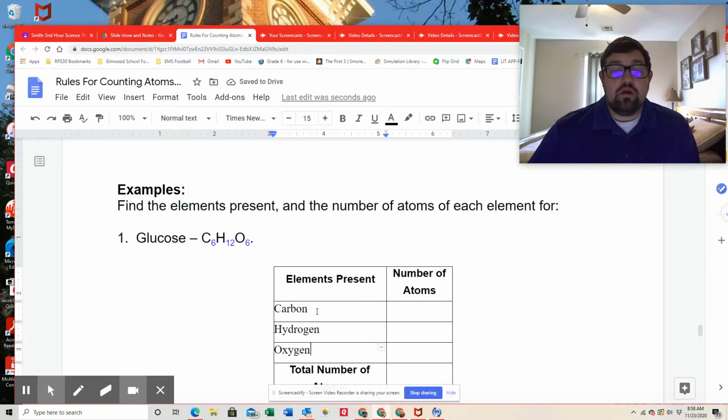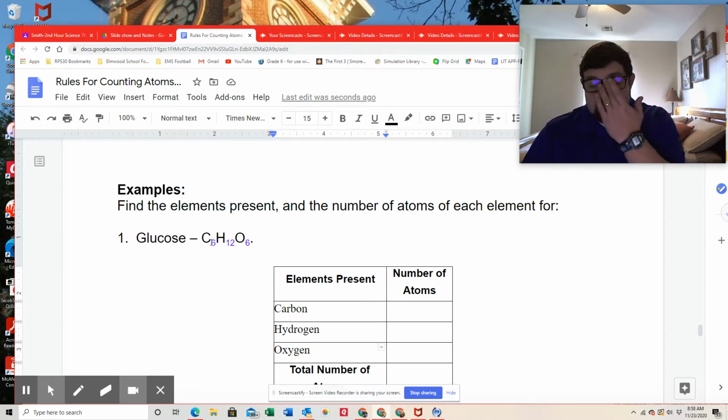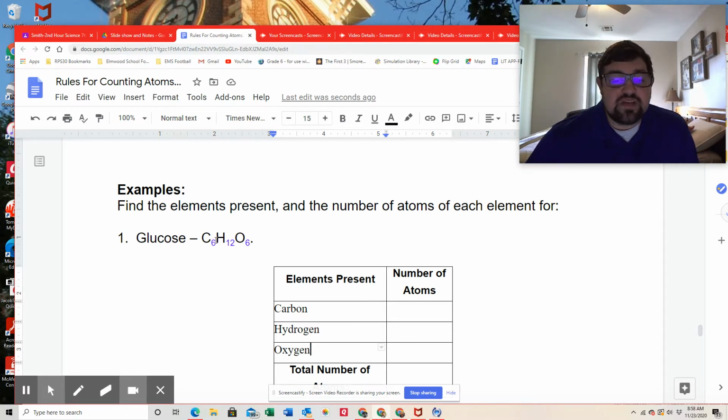So we know that carbon is the element for C, hydrogen is the element for H, and oxygen is the element for O. The second thing we do is look at the subscripts. We talked about how sub means below, like submarine. A subscript is a script that's below the element, and it describes the element, the way a script tells us what to do when we're acting or saying something.